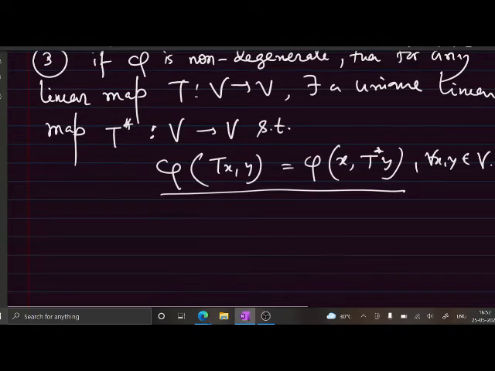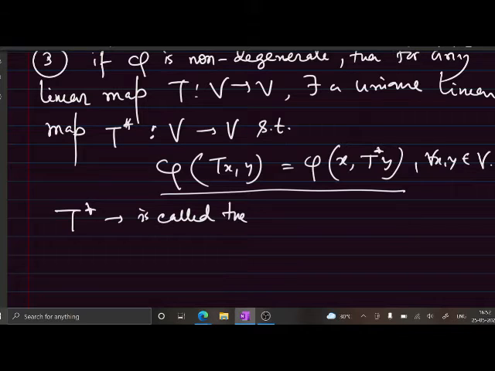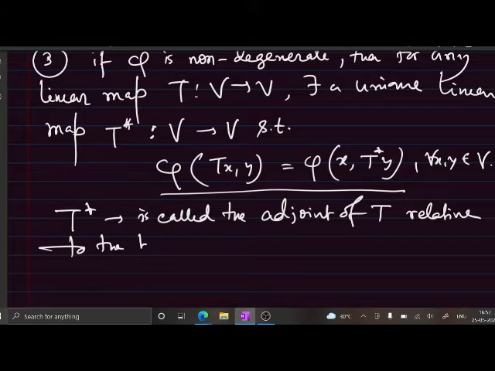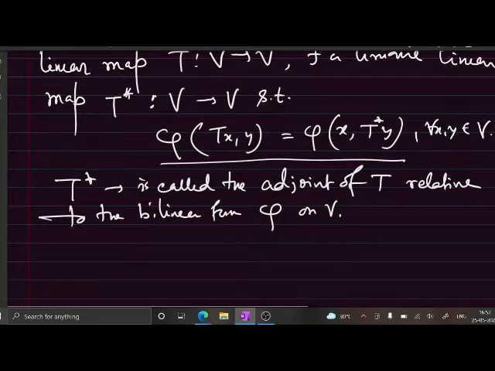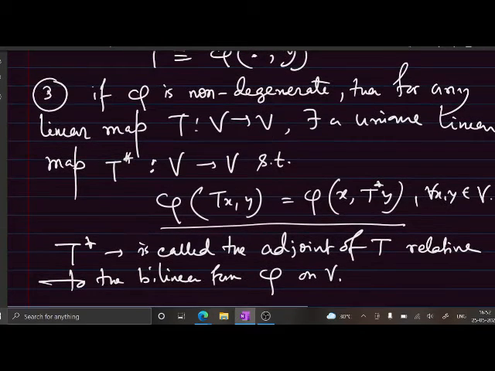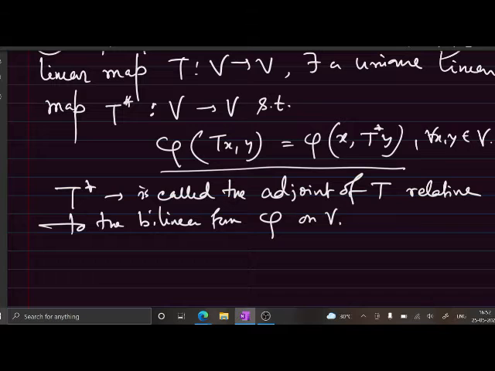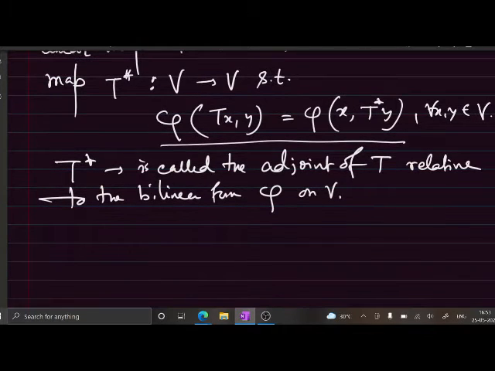And this T star, as it is unique, is called the adjoint of T relative to the bilinear form phi on V. So for a given non-degenerate bilinear form, every linear map has an adjoint T star.